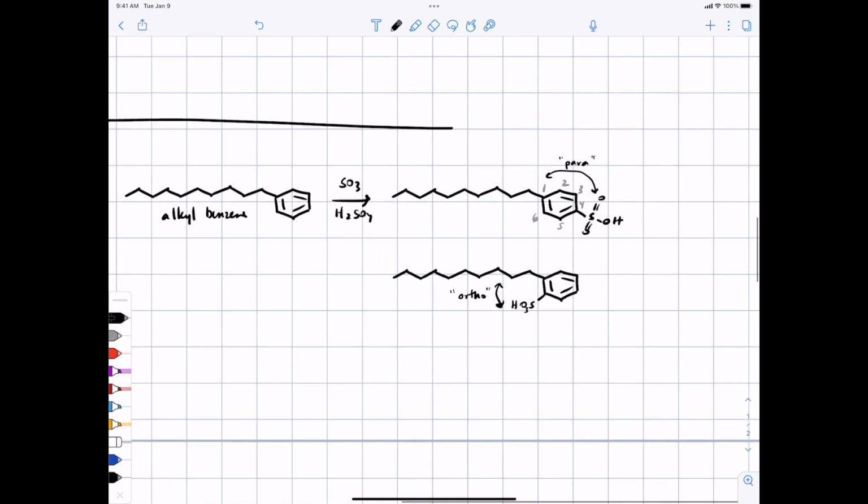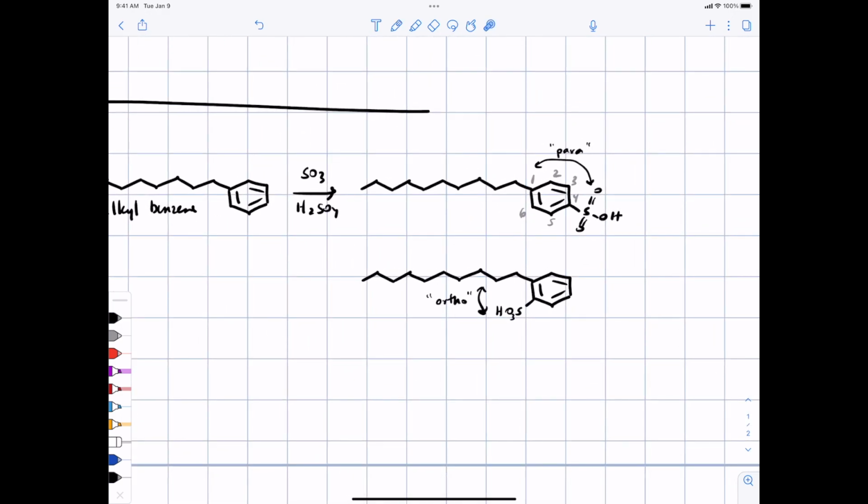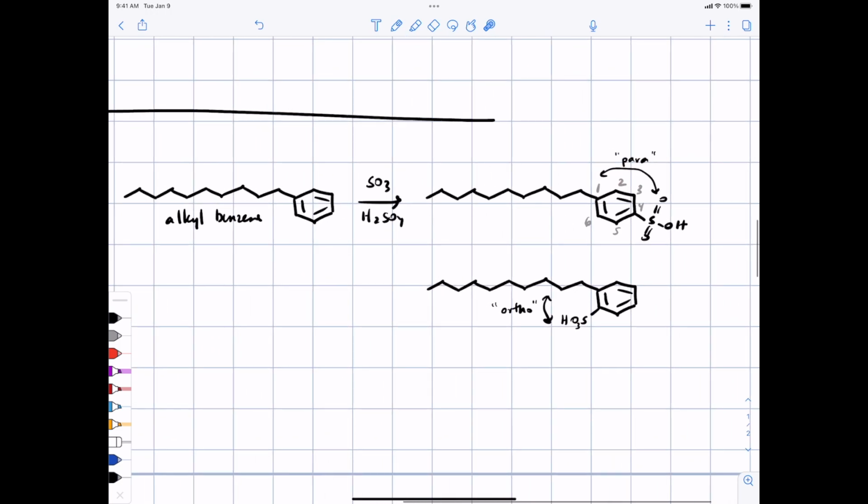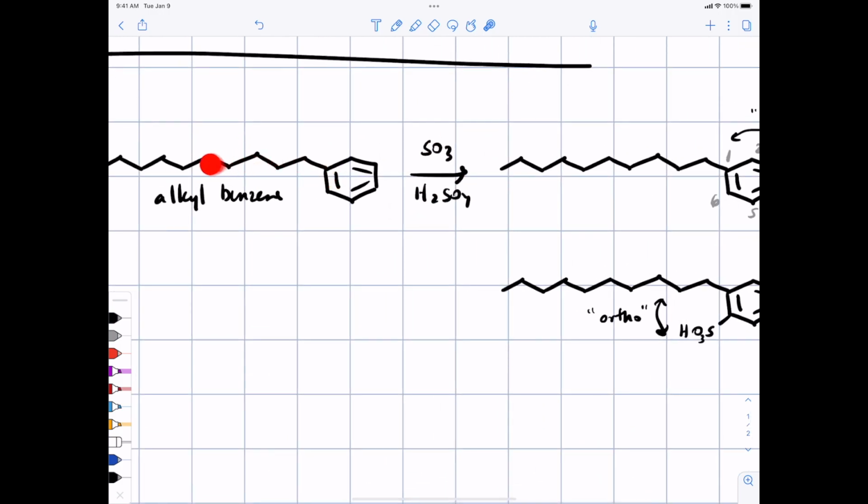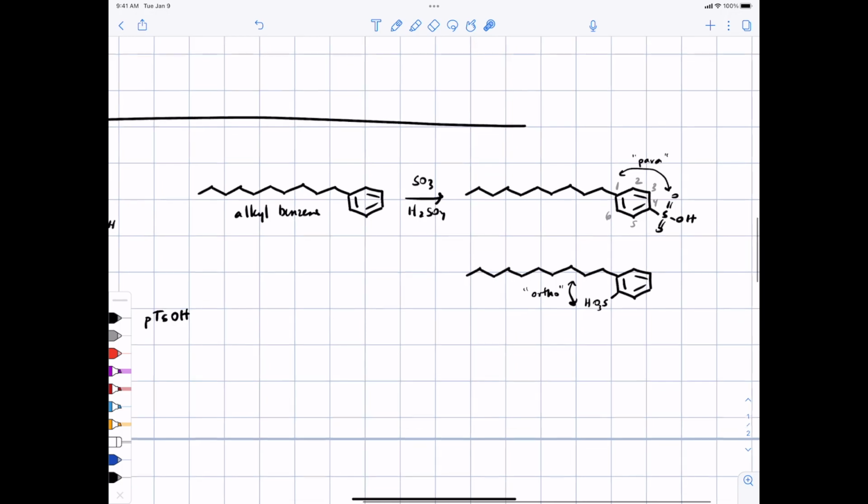In this reaction, you tend to get only ortho and para products. That's not determined by these conditions, but it's rather determined by the nature of this alkyl group on the benzene ring, and we'll talk about that a little bit later.